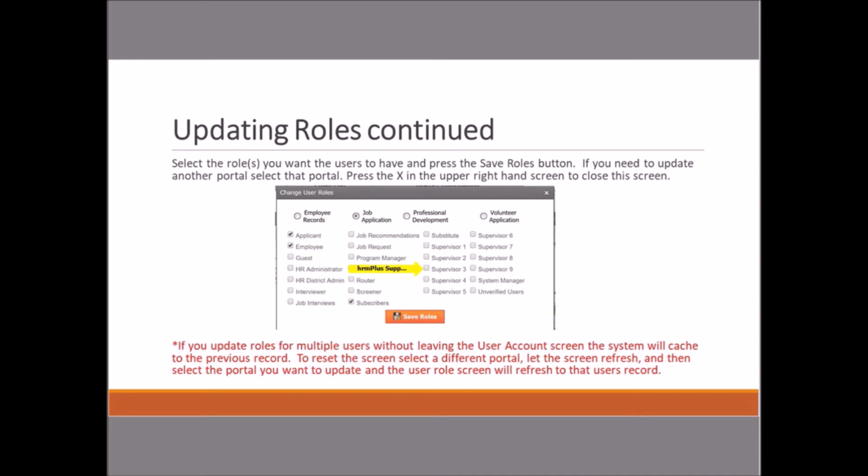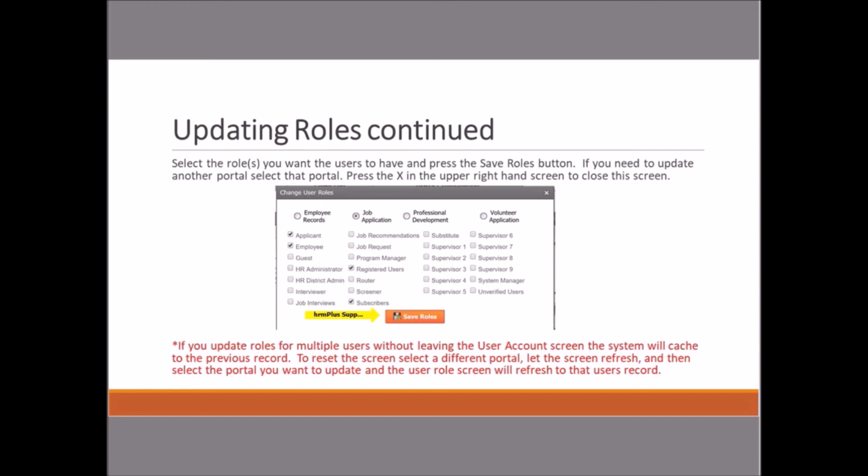I could save that, and now when they log into their online application, they're going to see the management tab, and when they hover over that, they're now going to see job requests, and they're going to see applicant search and applicant reports because I gave them the job request role and I gave them the supervisor 3. Does that make sense how that works? Hopefully it does. But that's how you add roles, and then of course make sure you save it.